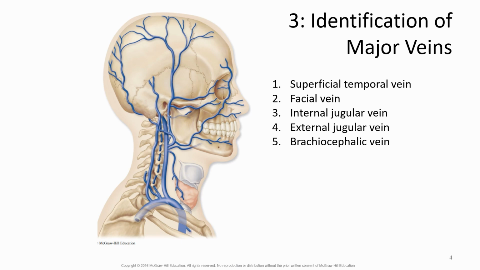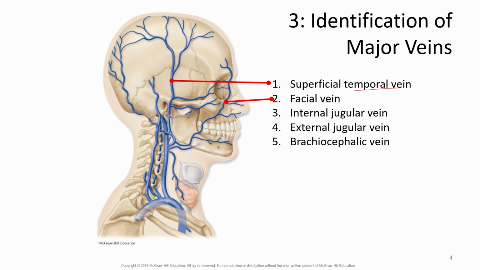And so you have the superficial temporal vein, which is right here. That superficial temporal vein, together with the facial vein, takes blood from your face and a lot of your head, your scalp.